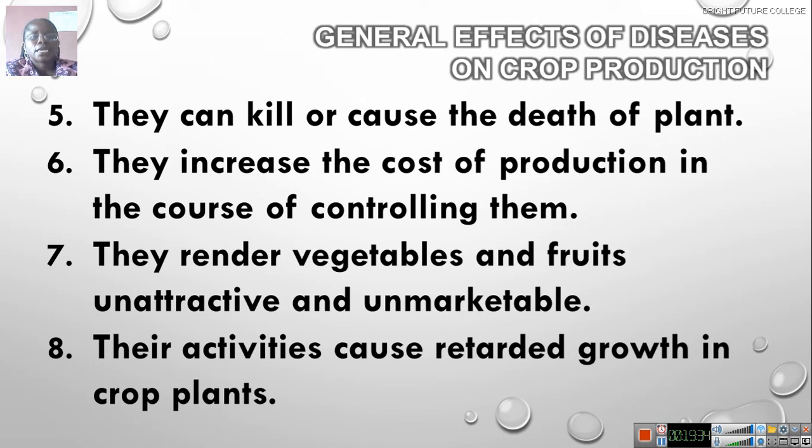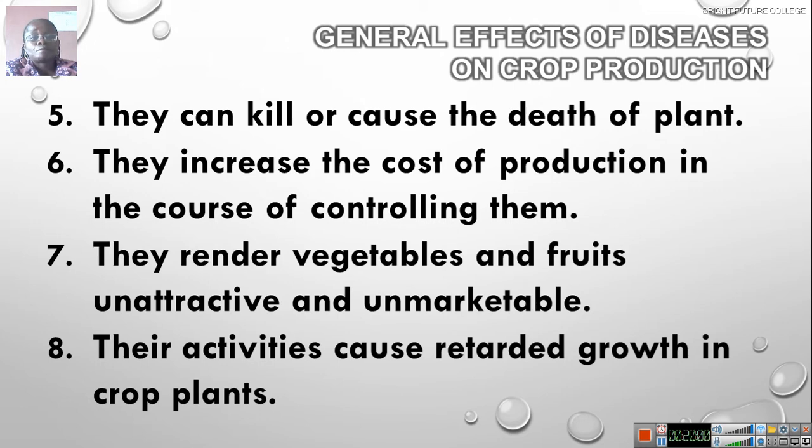6, they increase the cost of production, because the cost of controlling them using chemicals or whatever other measure is high. Then 7, they render vegetables and fruits unattractive and unmarketable.